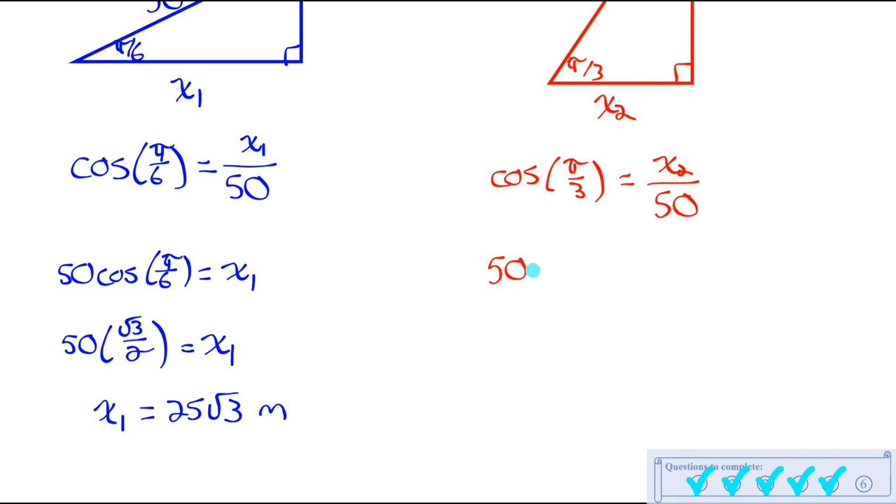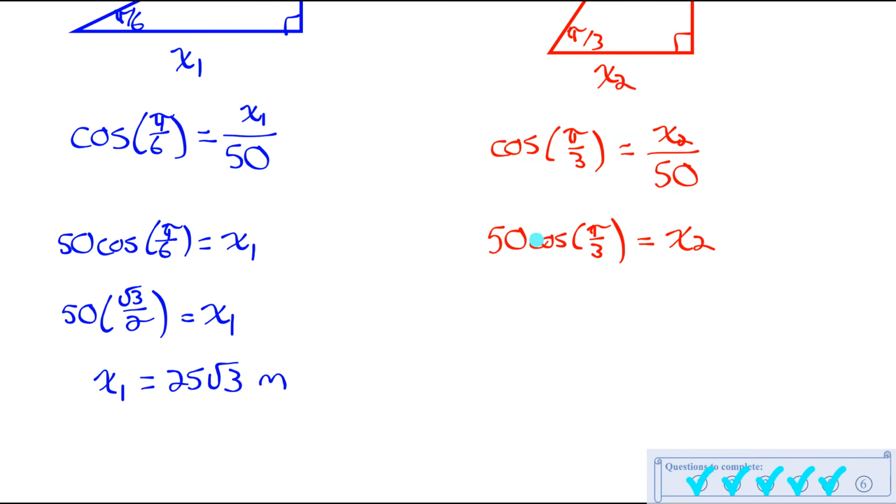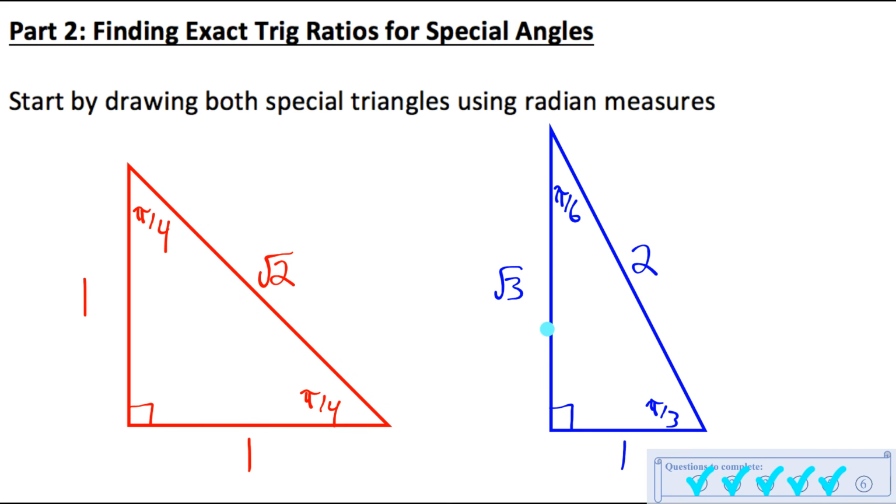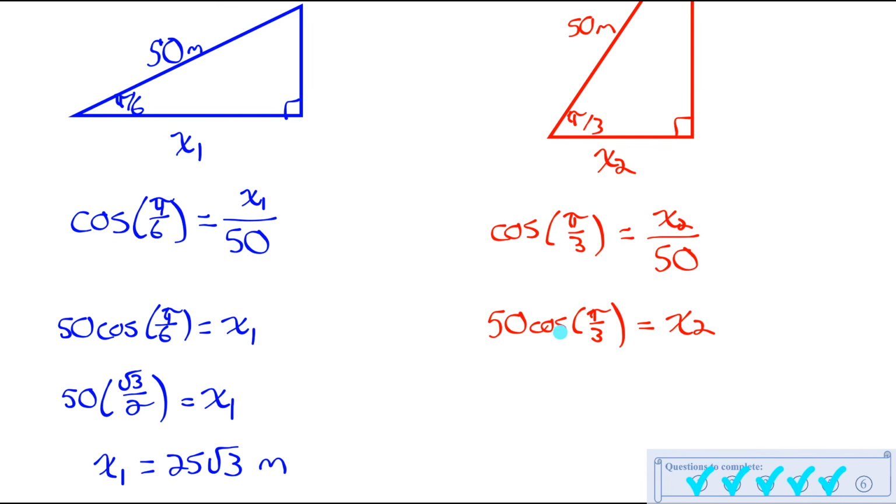Multiply both sides by 50, I get 50 cos pi over 3 equals x2. And then cos pi over 3, let's use our special triangle to get an exact value for that. Cos of pi over 3, adjacent over hypotenuse, is 1 over 2. So I can replace cos pi over 3 with a half. And a half of 50 is 25, so I have x2 equals 25 meters.